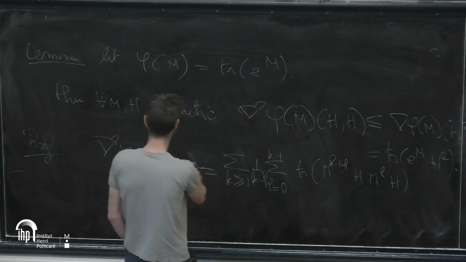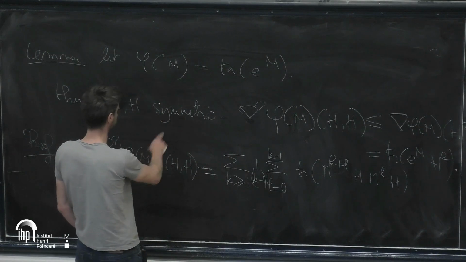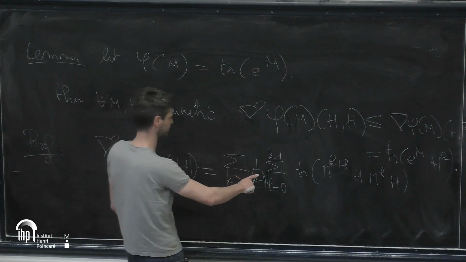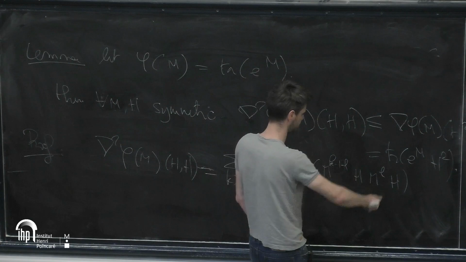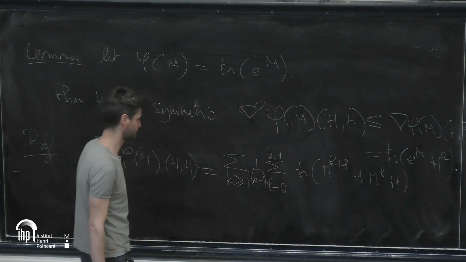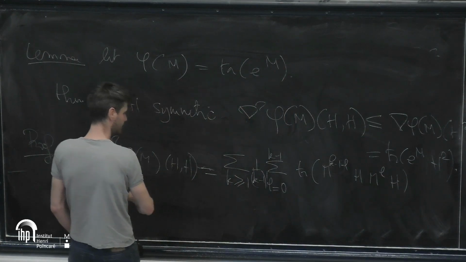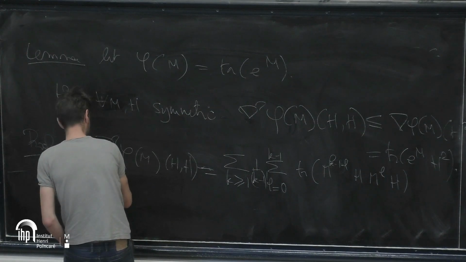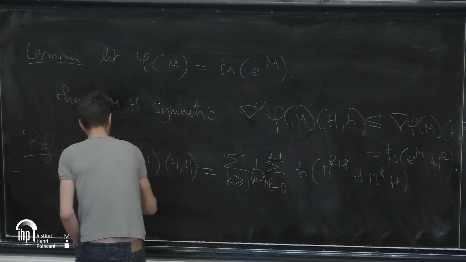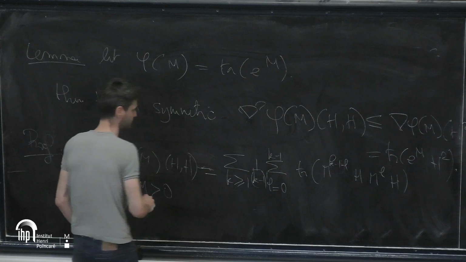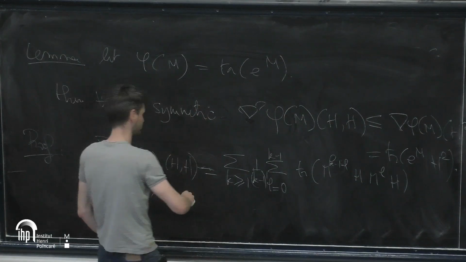I think you expand phi of M plus H like a power series, and then this is what you get for the second order term. Okay, assume M is positive. Then you apply the first lemma.